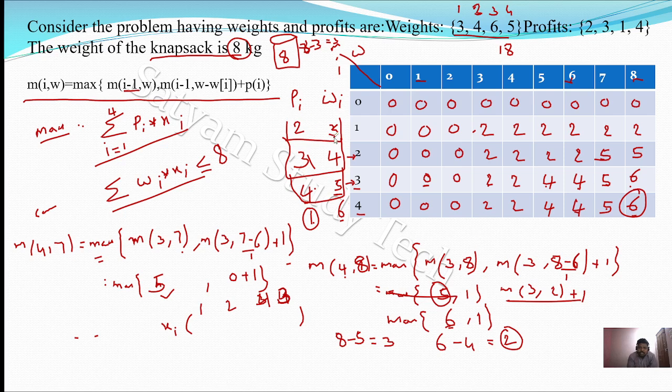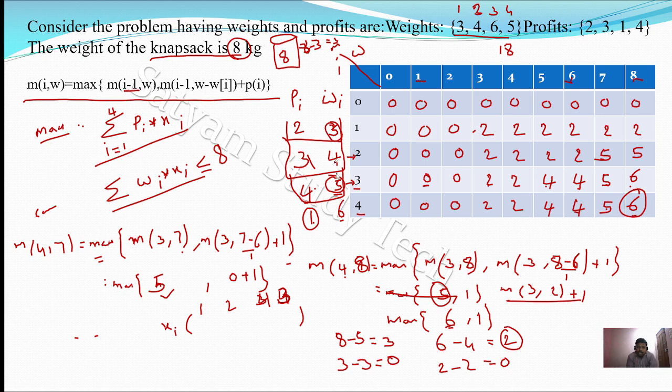The weight of this object is 3, so 3 minus 3, the remaining capacity is 0. Here you consider these two objects, 3 and 5, then you get the profit 2, so that is 2 minus 2, 0.